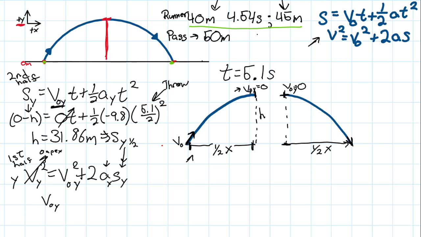But here's the thing. A lot of people skipped this step of how they got here. If we don't plug in the numbers and we plug this SY up here into here, what do we get?